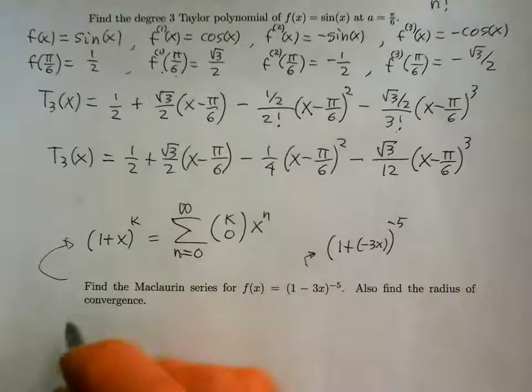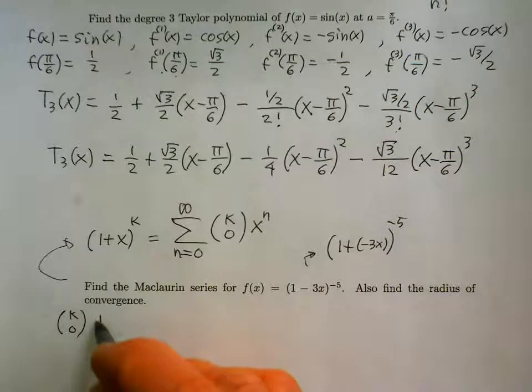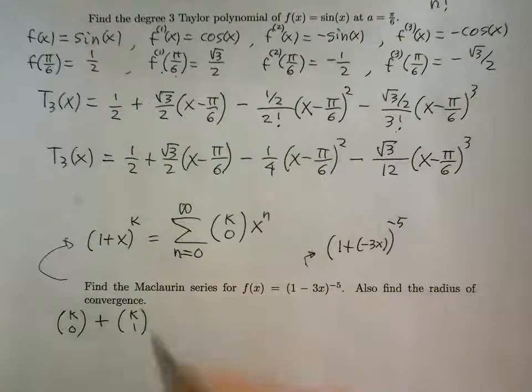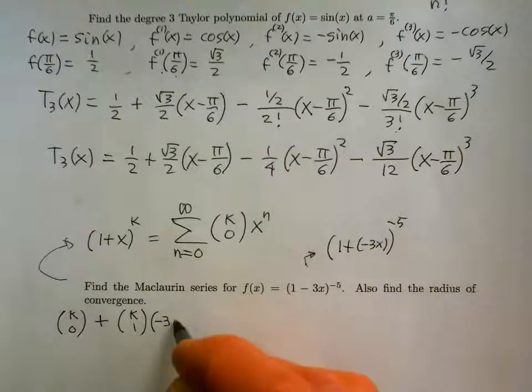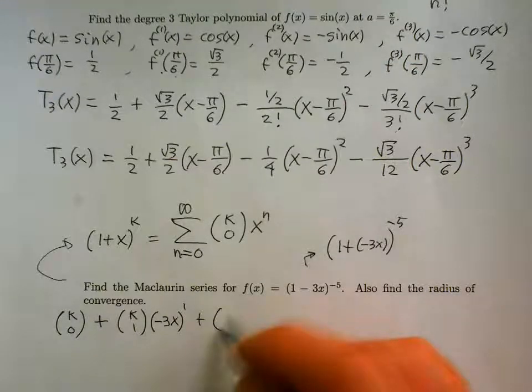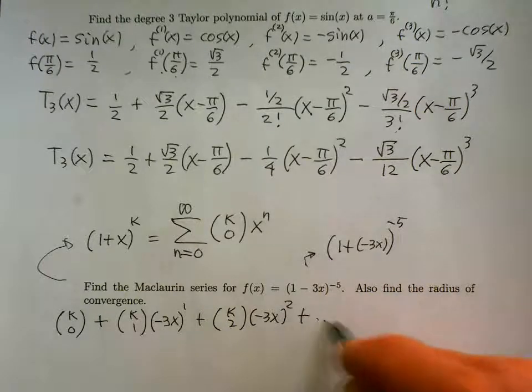Okay, so the first term, k choose 0, which is 1, and then plus k choose 1, I'll replace k with negative 5 in a minute, multiplied by negative 3x to the first, and then k choose 2 times negative 3x to the second, and so on.